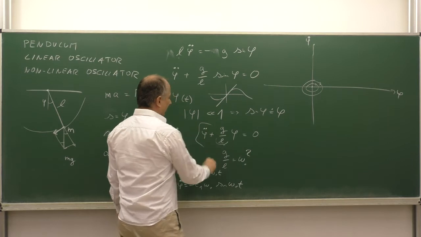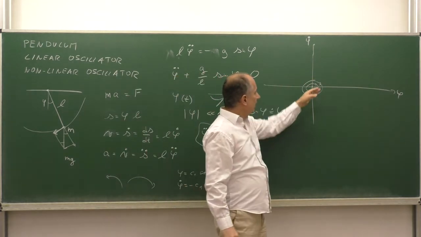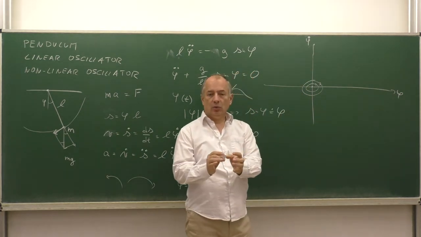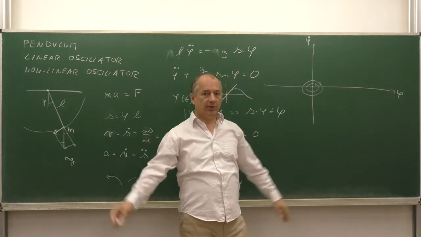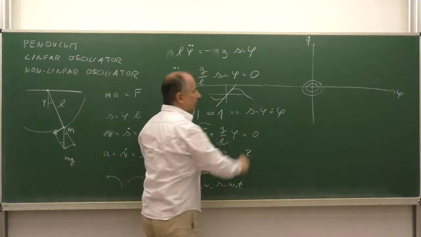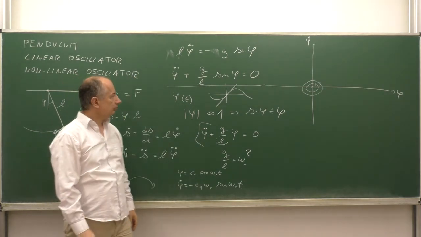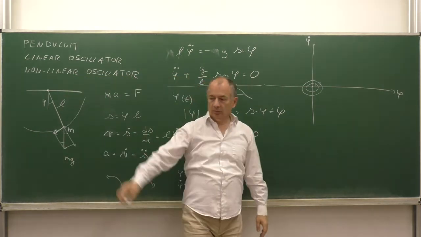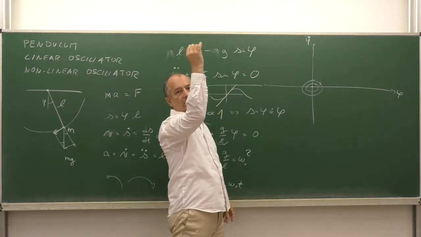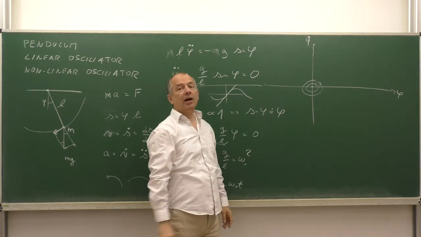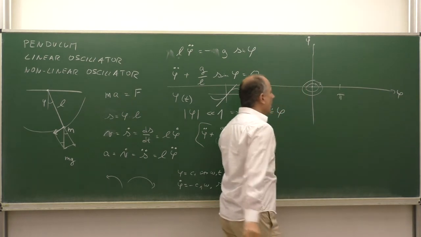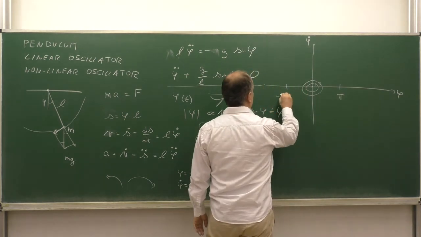For the linear equation, there would be an infinite system of circles or ellipses like that, small circles, large circles, everything possible. But if we go back to the nonlinear equation, then the pendulum with large amplitude has also the upper position when phi is pi, or phi is minus pi.